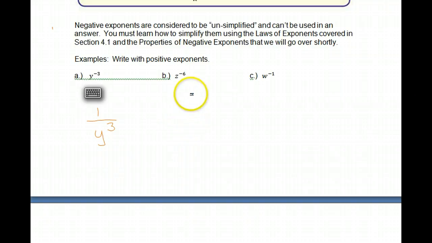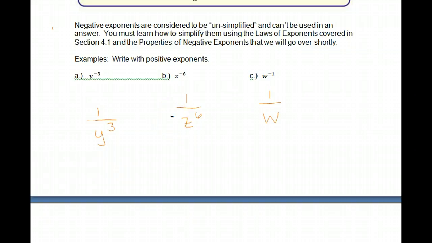In letter B, we have z to the negative 6. That is an unsimplified expression. So we will put it in a denominator underneath a numerator of 1, and in order to make it into a positive exponent, we would write it as z to the 6th. Letter C, we have w to the negative 1. Again, we would make the numerator 1, and we would have w to the 1st power.